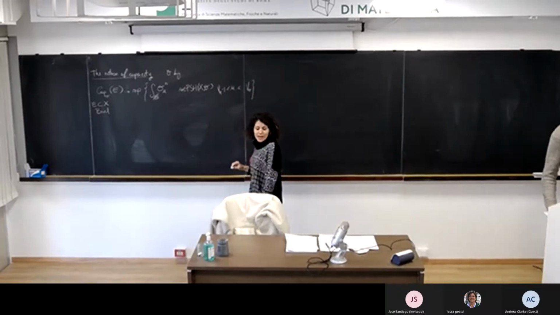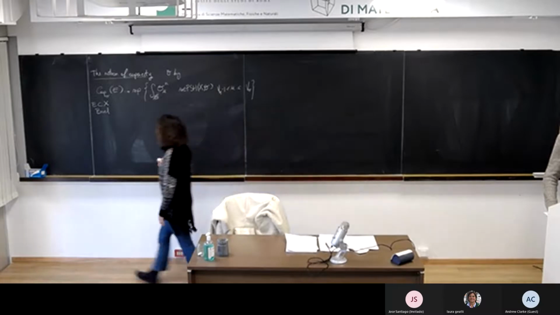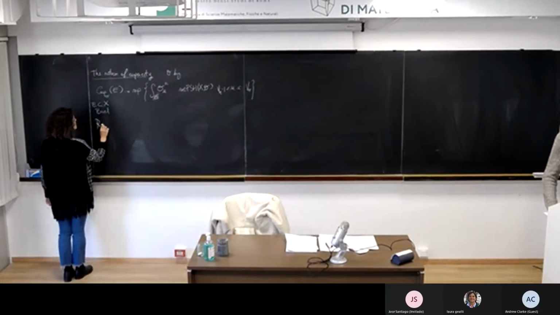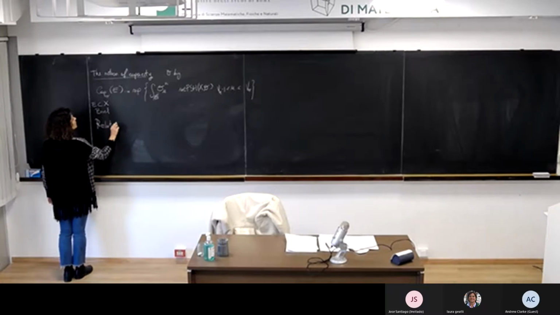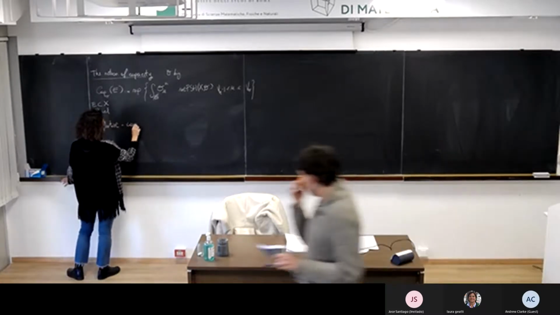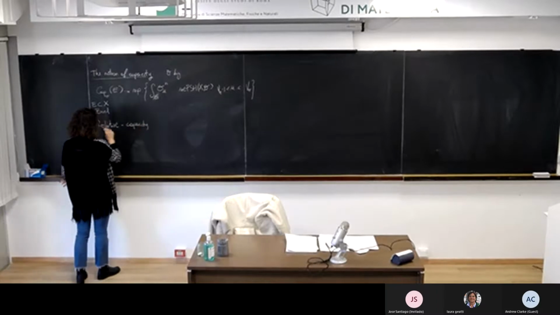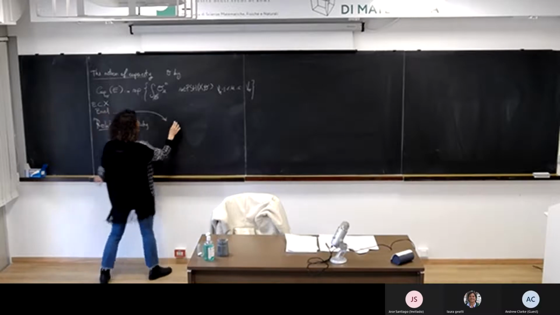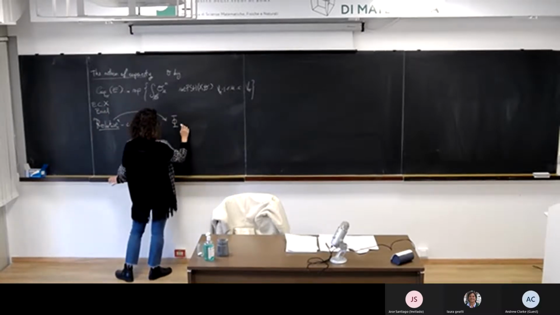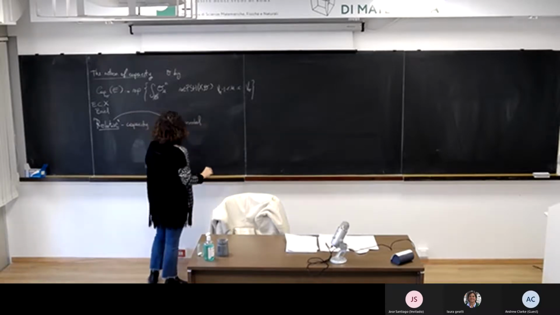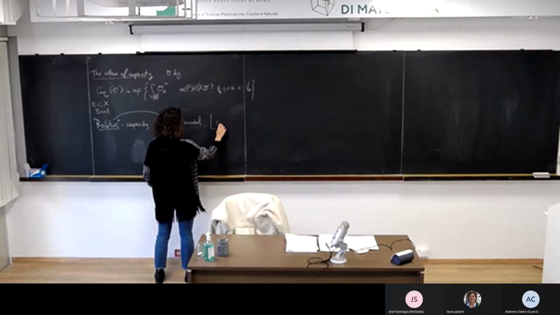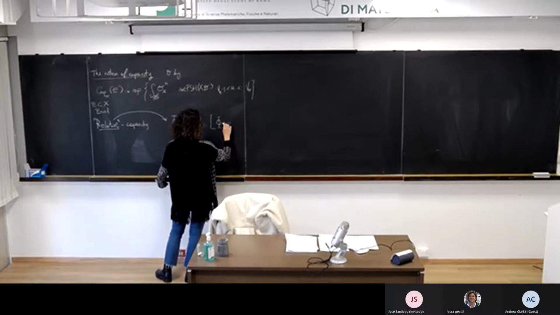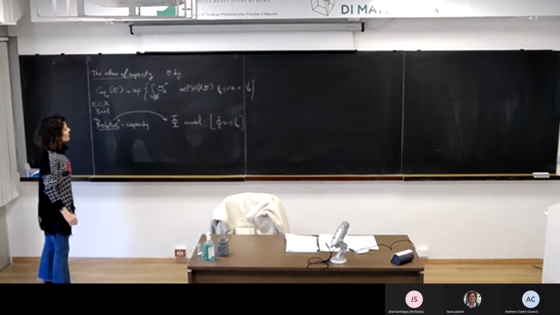Okay, so now what we are going to introduce is the relative capacity, where relative means with respect to a potential phi that is model. So we are going to replace in the definition, in the formal way, V_theta with phi.